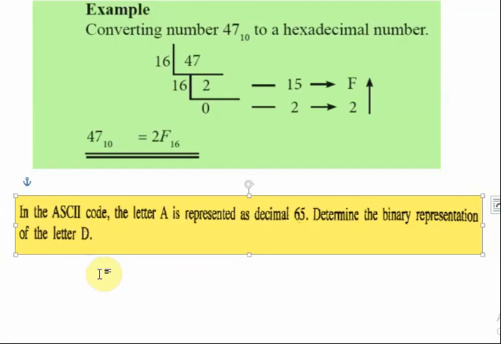Determine the binary representation of the letter D. See, A, then B, C, D. So A is 65, then B is 66, C 67, D 68. So take 68 and write it in binary.